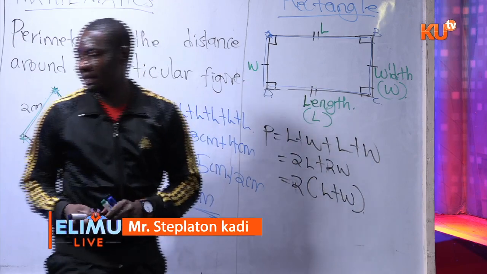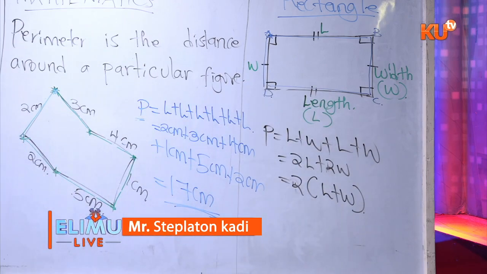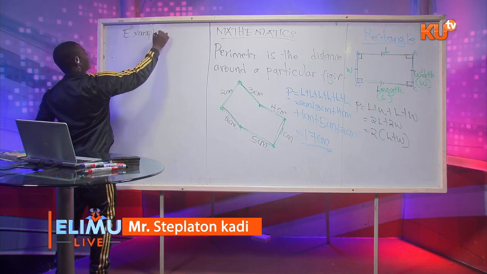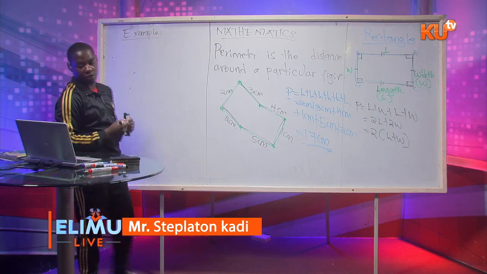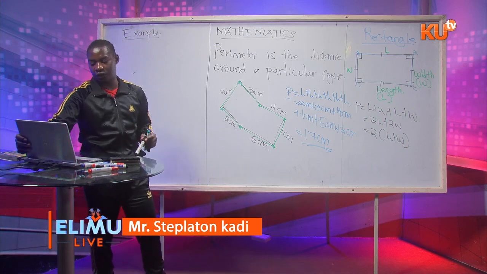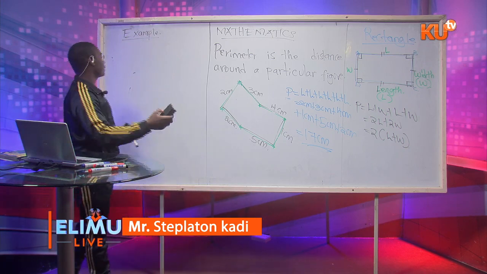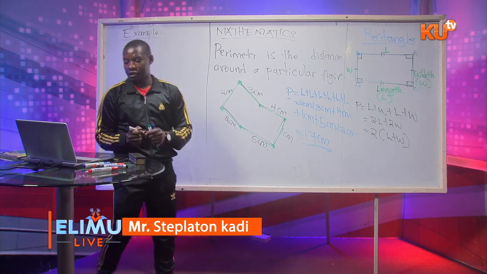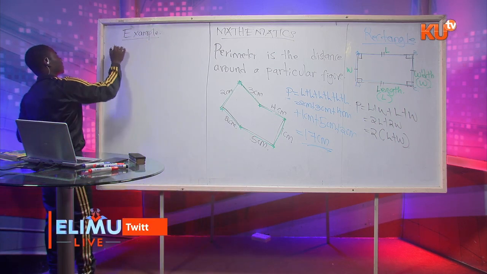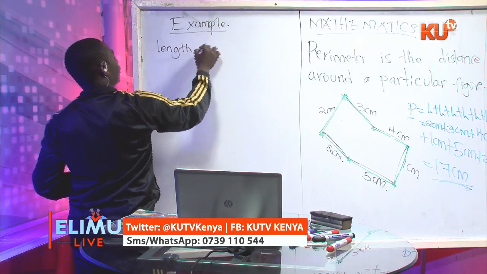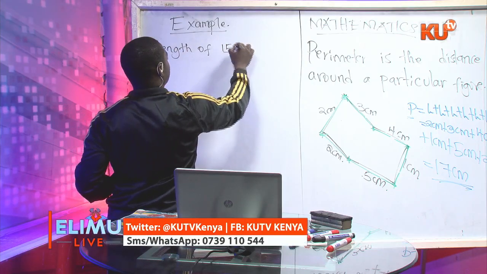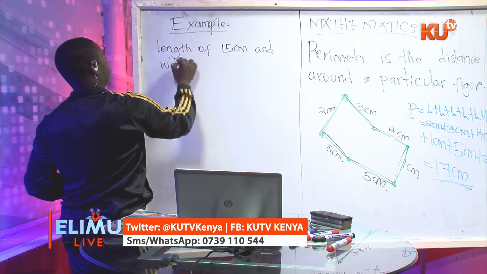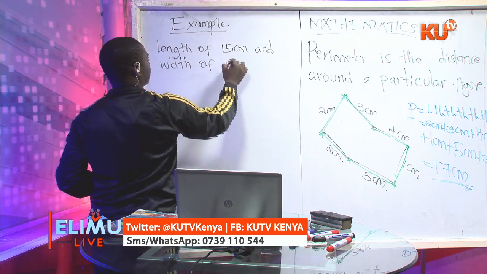So let's look at an example. Find the perimeter of a rectangle whose measurements are as follows. It has a length of 15 centimeters and a width of 10 centimeters.